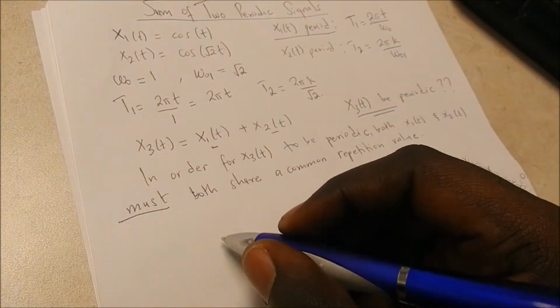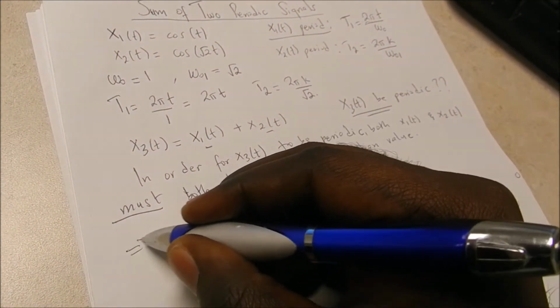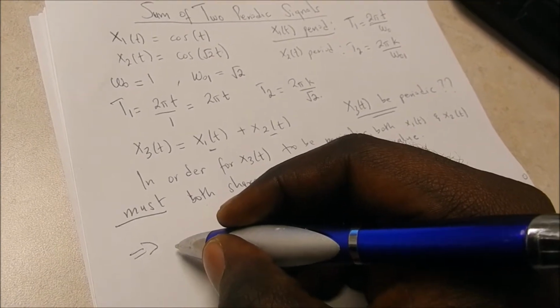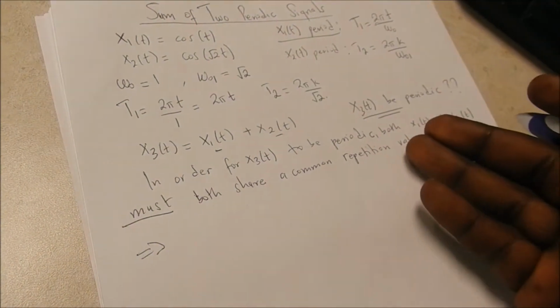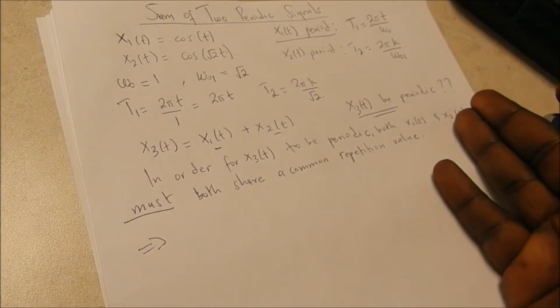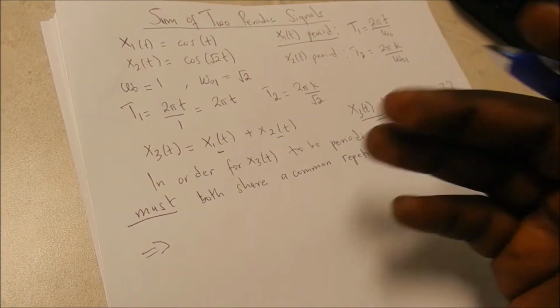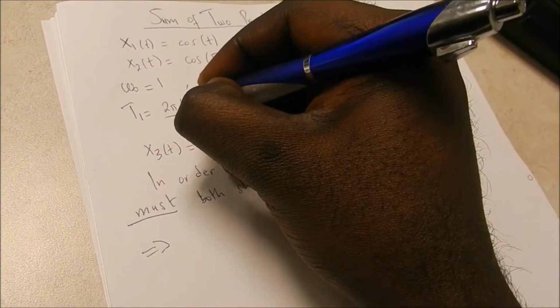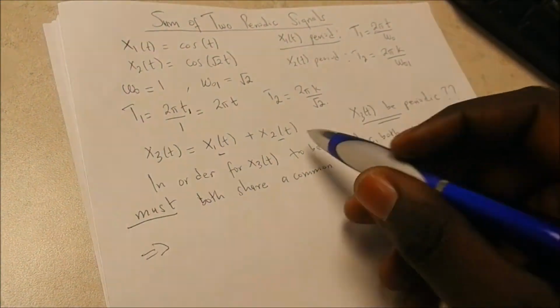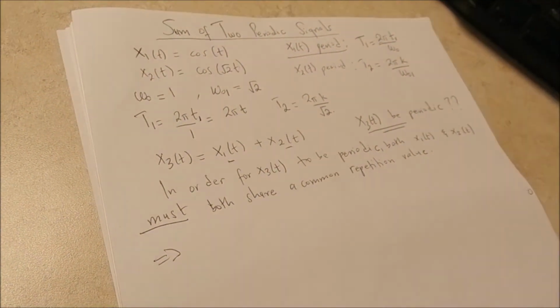So now let's see this. In order to check whether x1 of t and x2 of t have a common T1, let me change it to T1 because we have two T's and sometimes it gets confusing.